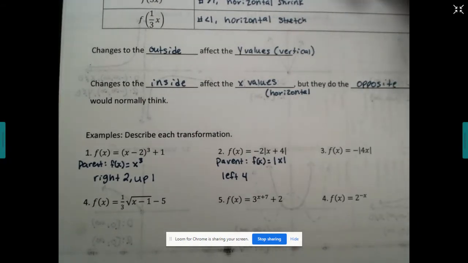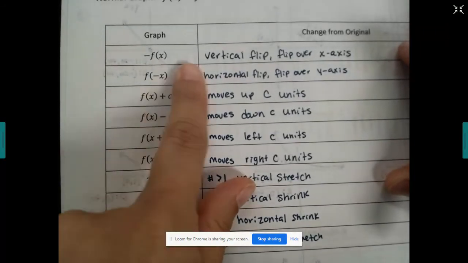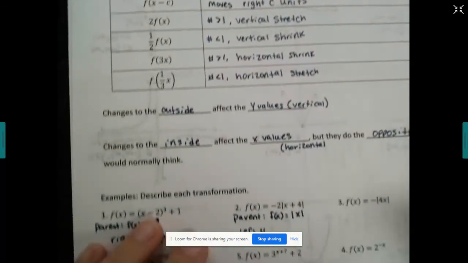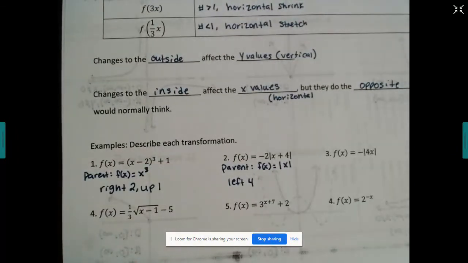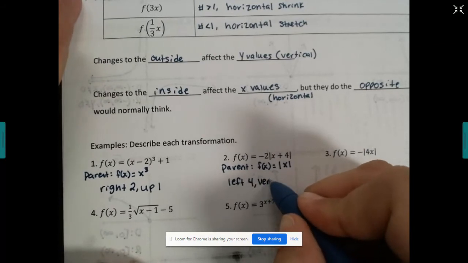But if you look up here at our rules, if it's a negative out front, that's actually going to be a vertical flip. So when you're deciding if it's a stretch or a shrink, you just want to look at the number, not the negative part. So the negative part is a vertical flip.